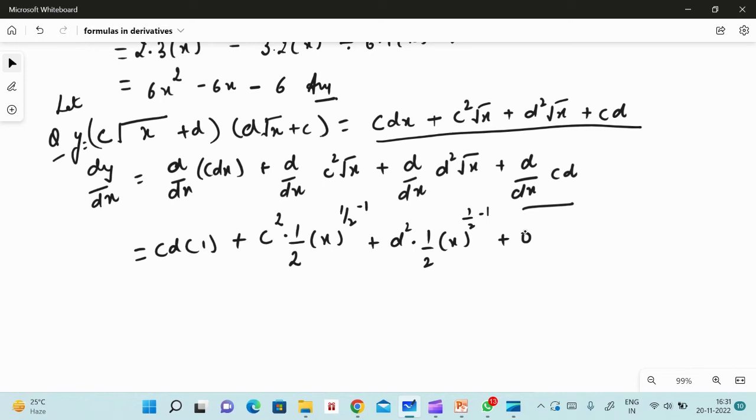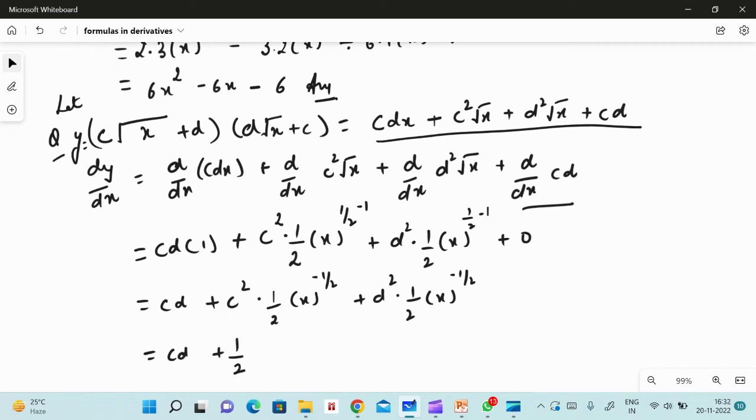Okay, so what we will get is cd into 1, which is cd. This equals cd plus c square into 1 by 2 x power minus 1 by 2, plus d square into 1 by 2 x power minus 1 by 2, and plus 0. No need to write that.